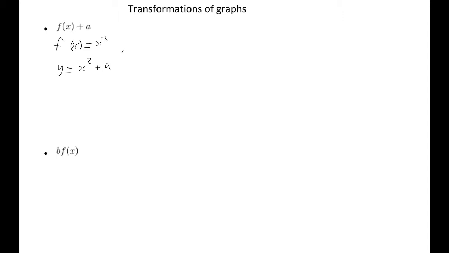So f of 3 equals 9, y equals 9 plus a. F of 5 equals 25, y equals 25 plus a. So what you can see is we are always a bigger than we were before.